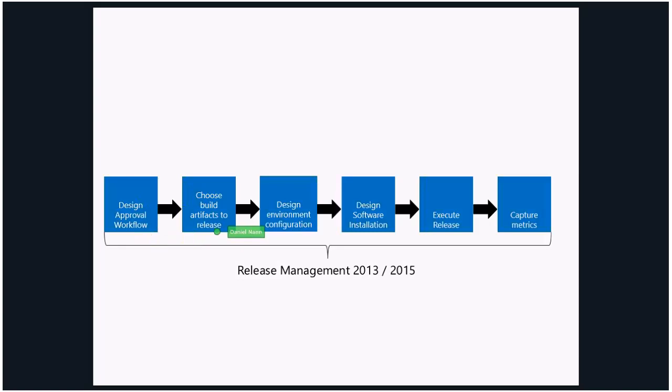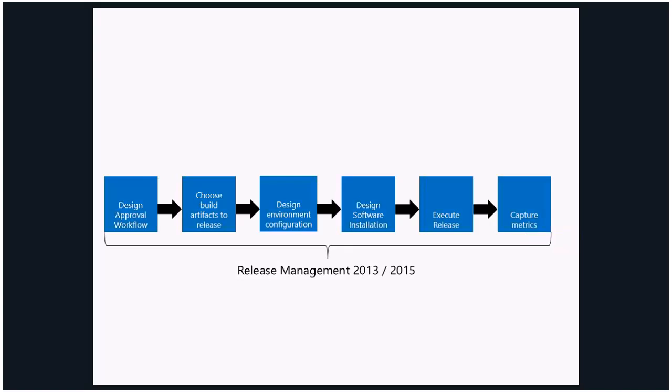You choose what build is going to be released as part of this release workflow. You design how your environments are going to be configured. You design how your software is going to get installed. You execute a release, which actually starts the process of configuring your environments and installing software. And then throughout the process, it captures metrics and gives you that kind of release information.